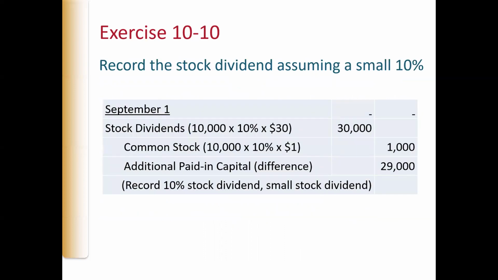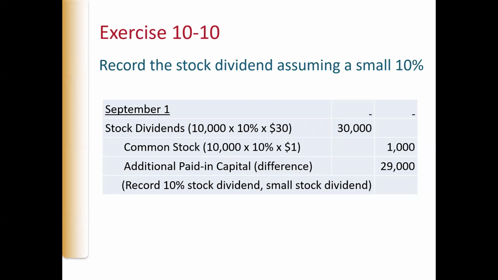So for a 10% stock dividend, we would debit stock dividends and we would credit common stock. We're basically taking it out of retained earnings and transferring it into common stock, so the stockholders' equity total doesn't change. We debit stock dividends for the full amount.